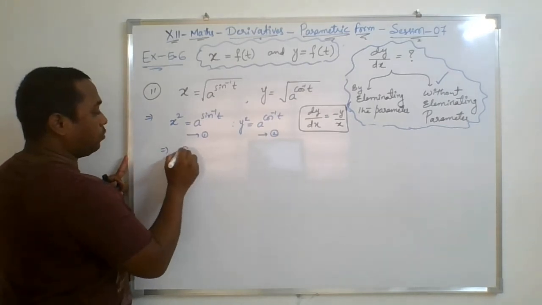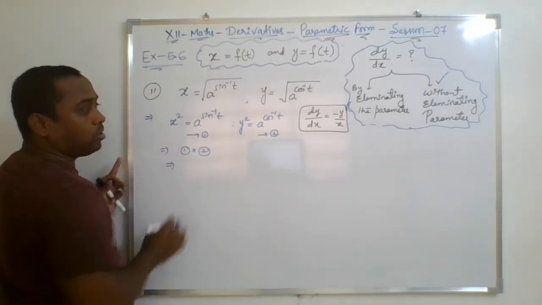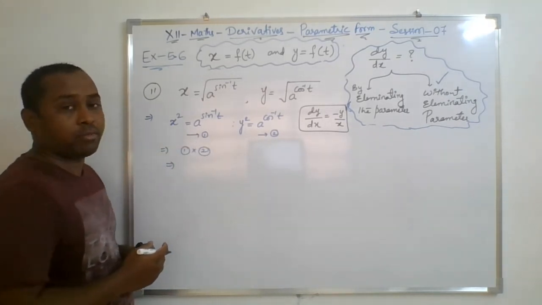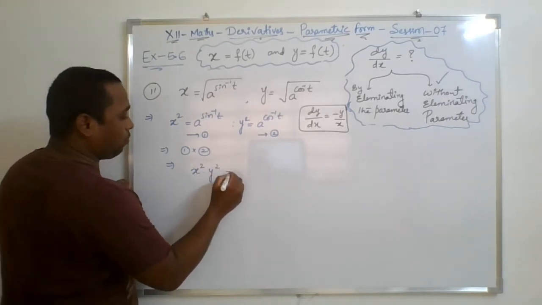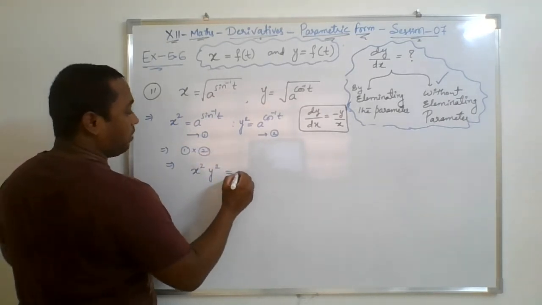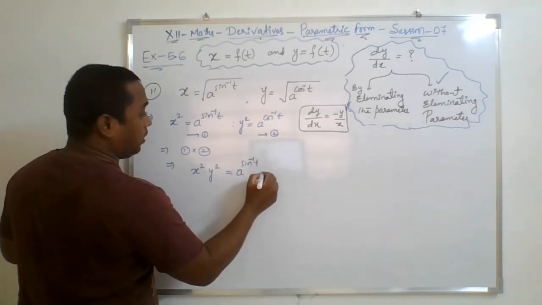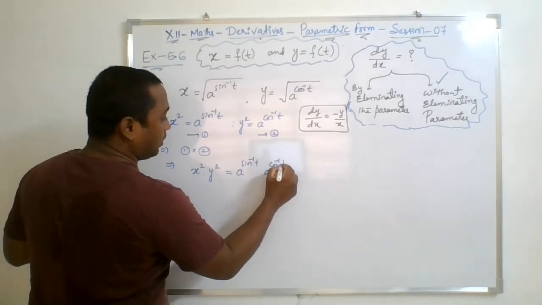And then I am doing the multiplication of both the results, left multiplied by left, right multiplied by right. That is, x square into y square is given by a to the power of sine inverse t into a to the power of cos inverse t.